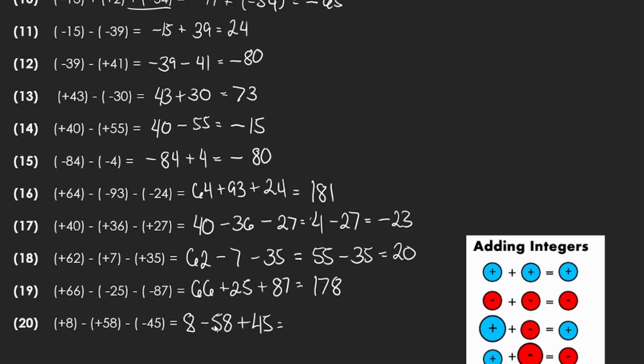Since 58 is the higher number, we would use its sign. The difference of 8 and 58 is 50. Copying the third number. We have different signs here, so we would subtract. 50 is the higher number, so we would use its sign. The difference of 50 and 45 is 5. That's it. End.